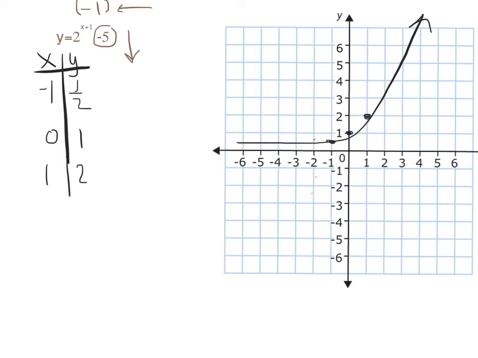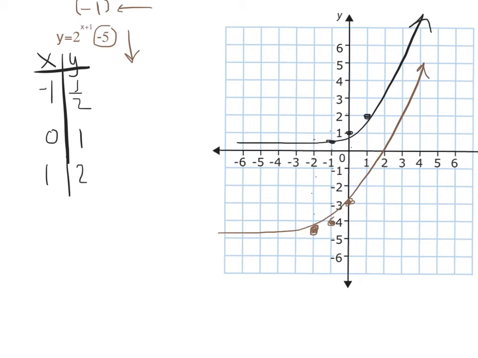1, 2, 3, 4, 5. This middle point, go to the left one, and then 1, 2, 3, 4, 5. The third point, I'm going to go to the left one, and then 1, 2, 3, 4, 5. So there is my new graph.